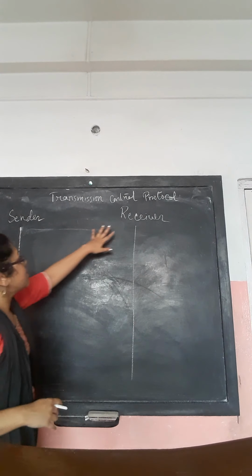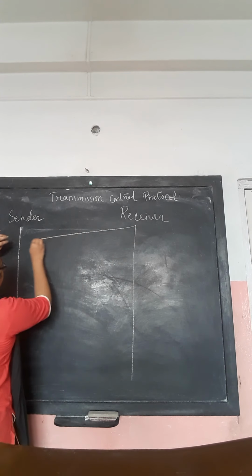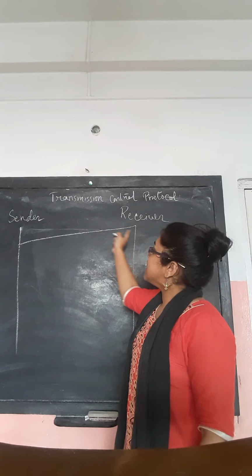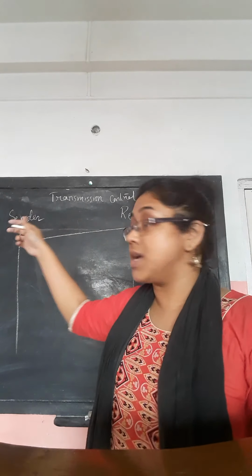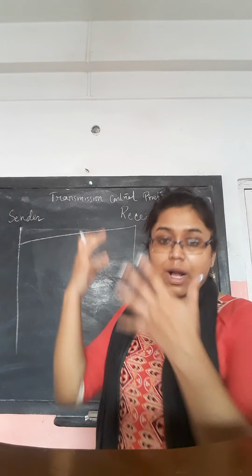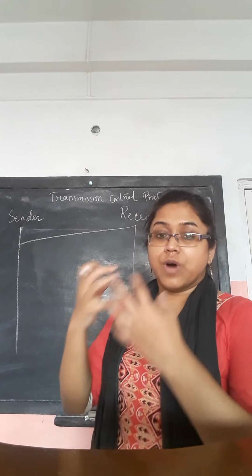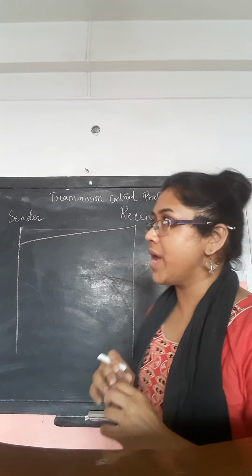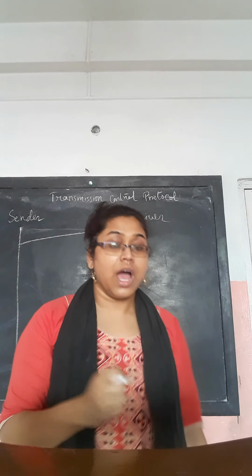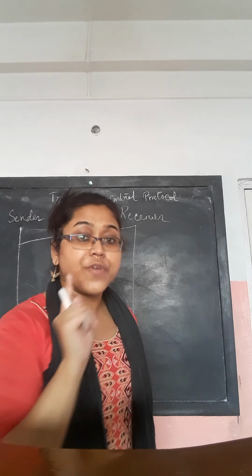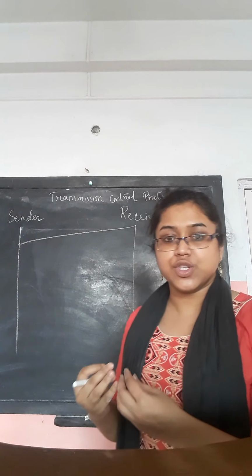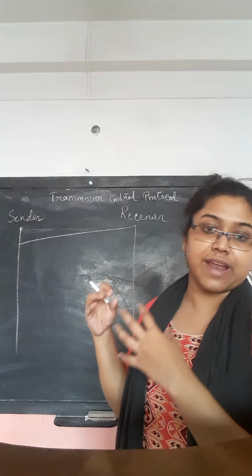So first the receiver will send a request message to the sender that the receiver wants to communicate with the sender and get some data from the sender, right? When the sender accepts that request, it will send an acknowledgement message to the receiver to ensure that I am ready to send data to you.